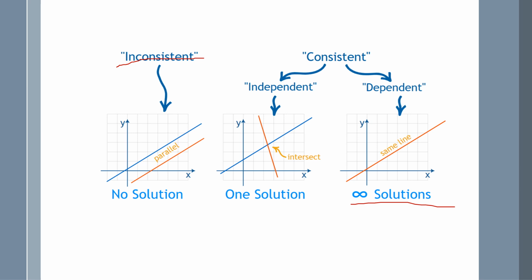So that means that it's still consistent. The only time a system of equations is not consistent is when they don't touch each other. So for our solution to be consistent, it's either going to have one or many solutions. Now in your advanced math class, they're going to take this lesson and do a different spin on it.